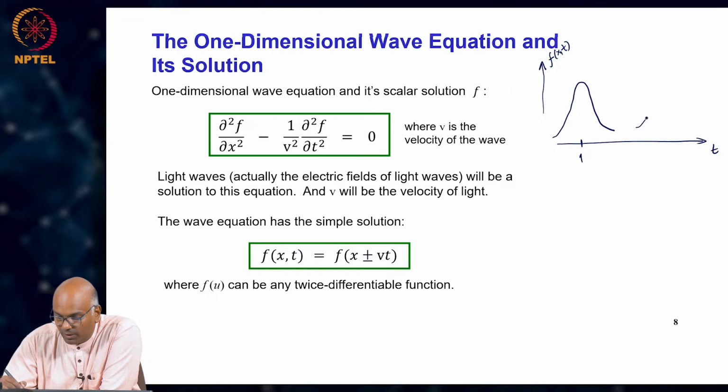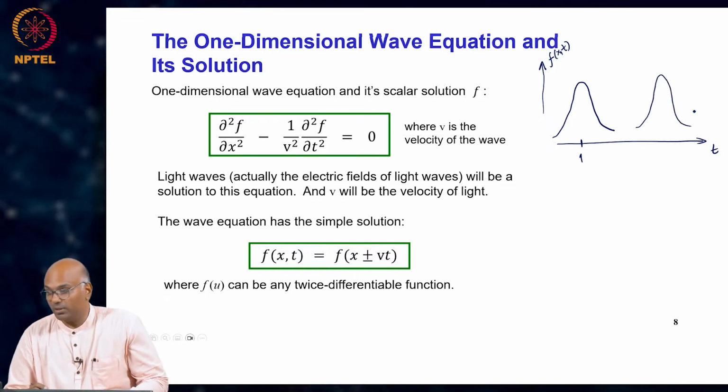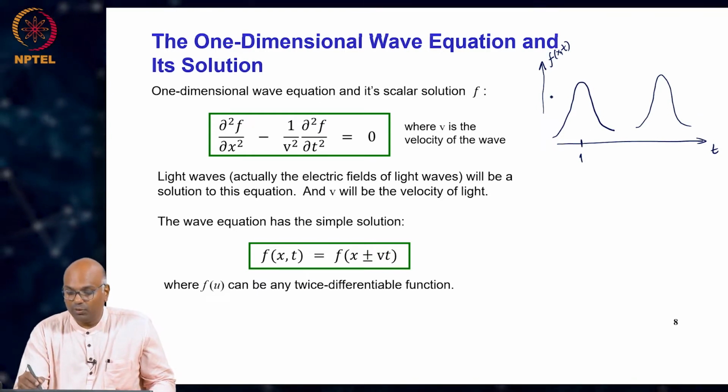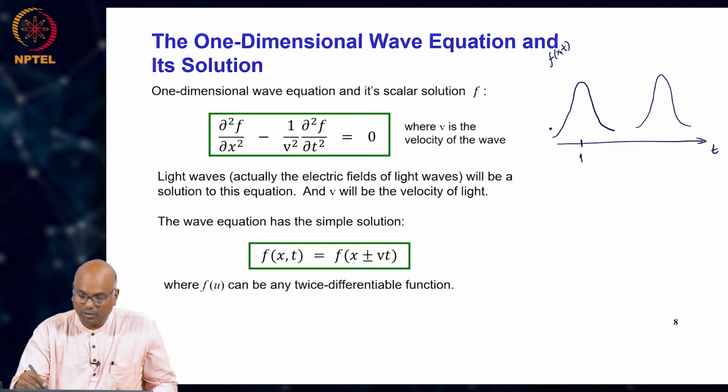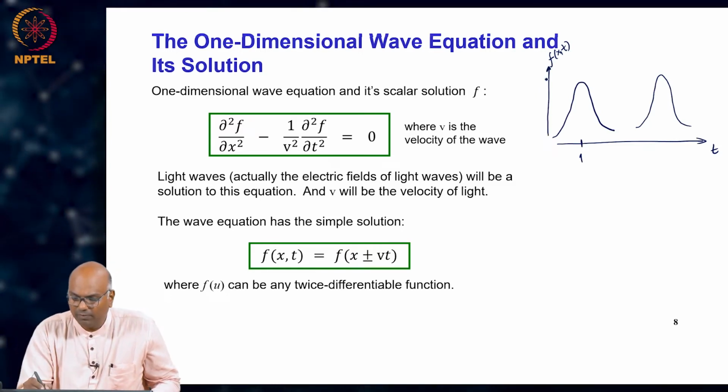If this is the amplitude, a description through just this equation essentially tells us that the amplitude of the wave more or less remains constant in time, which is an idealization.